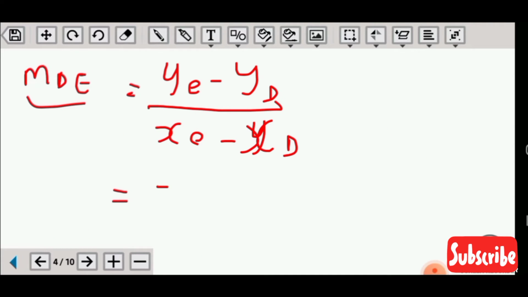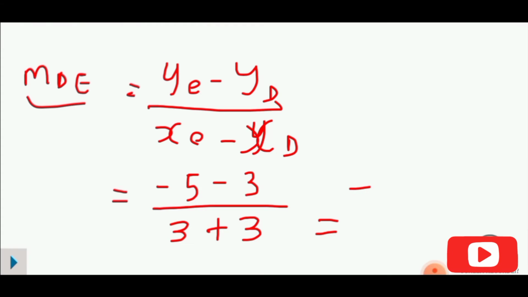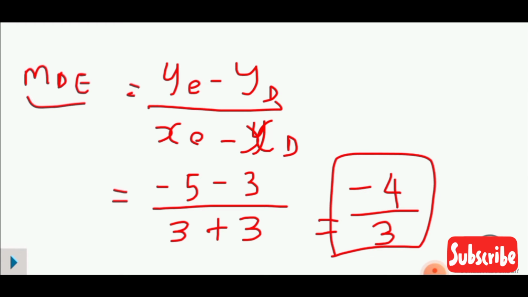YE is -5 and YD is 3, and XE is 3 and XD is -3. So it's going to be plus 3 and the answer will be -4 divided by 3. So this is the gradient of DE.